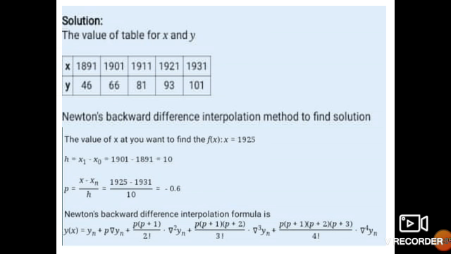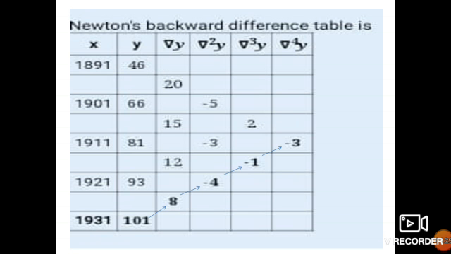In the forward difference, we mention the value del y0. Here it is del yn, the nth value, and here the nth value is y4. So del yn, del squared yn, del cube yn, del 4 yn. Okay, and now the difference table is here.